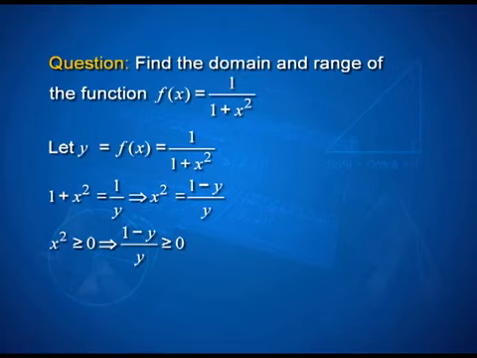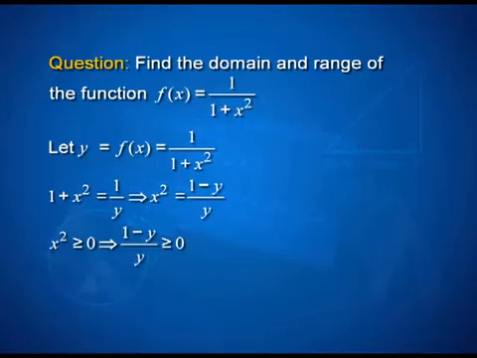Also, 1 plus x square is always positive, and therefore, 1 by 1 plus x square will also be positive, and so the outputs will always be positive real numbers. Will they ever be equal to 0? Can 1 by 1 plus x square be equal to 0? No. So, you have a condition built into the function's definition itself.